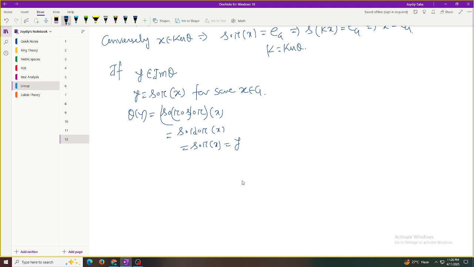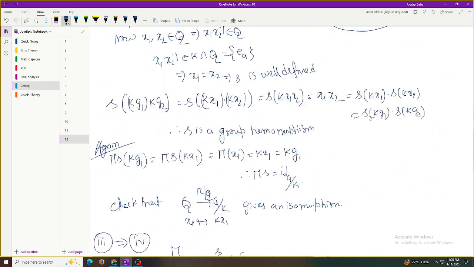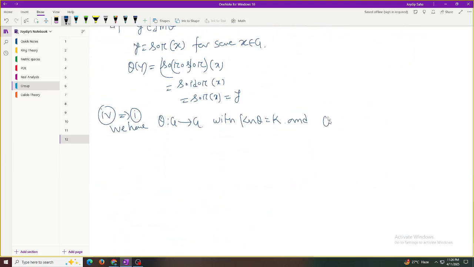Now 4 implies 1. So you have a map theta from G to G with kernel theta equal to K and theta square is identity, right? That means theta square is identity.